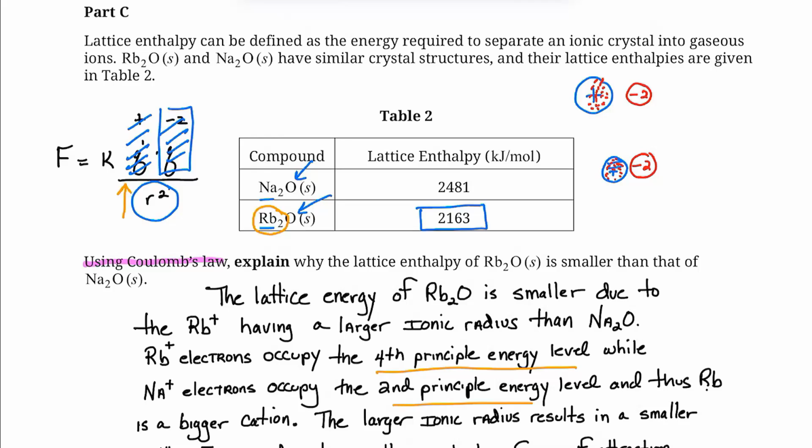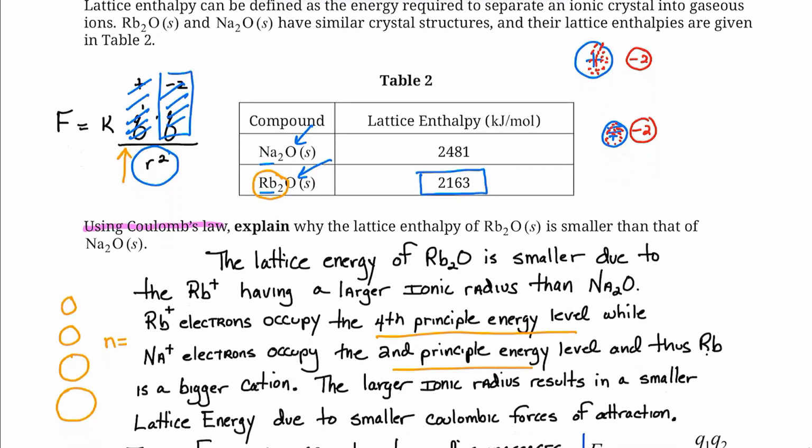It's actually in the fifth principal energy level when it has a valence electron, but when it loses one, it's fourth. But the bottom line is, as you go down the periodic table, the atomic radius gets bigger because electrons are filling shells that are farther and farther away, right? I always say the n number, which is the quantum number that indexes size, is essentially the overriding factor as you go down.